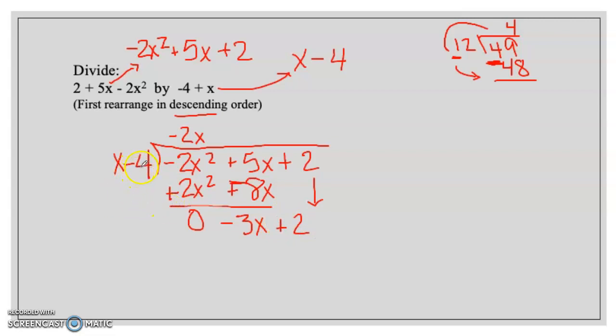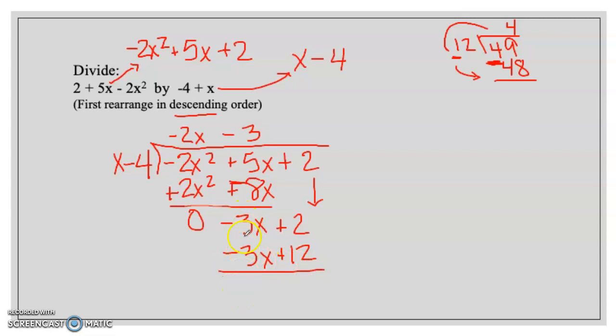And I think, how many times does x minus 4 go into negative 3x plus 2? I look at my first ones. X goes into negative 3x negative 3 times. Then I check: negative 3 times all of this gives me negative 3x, and negative 3 times negative 4 is plus 12.